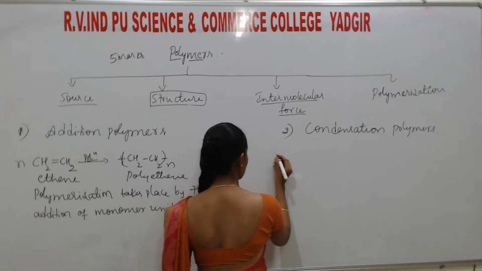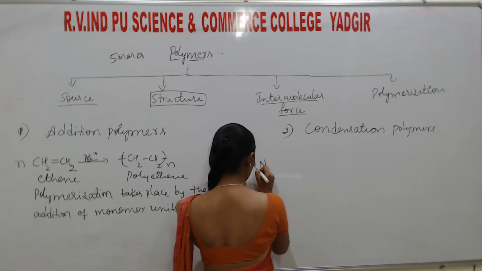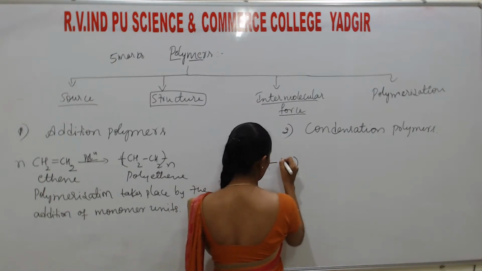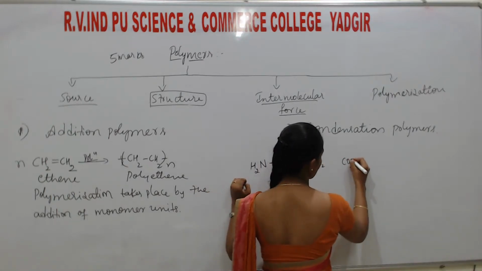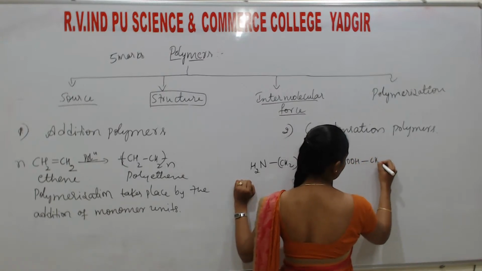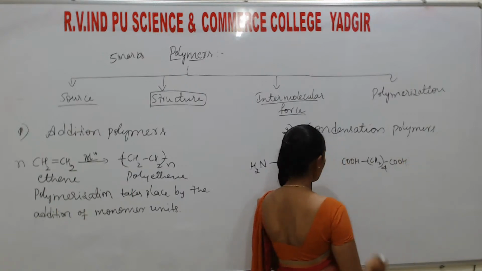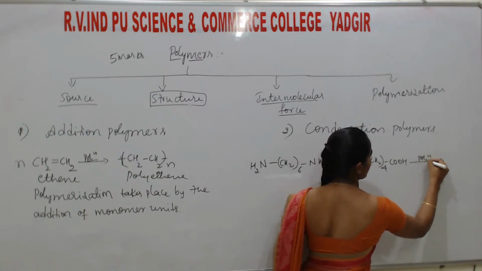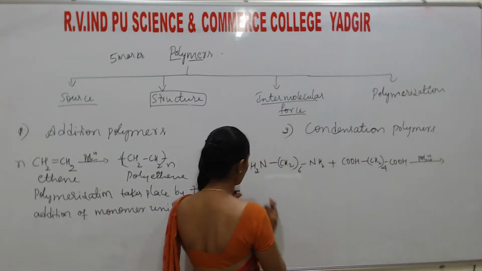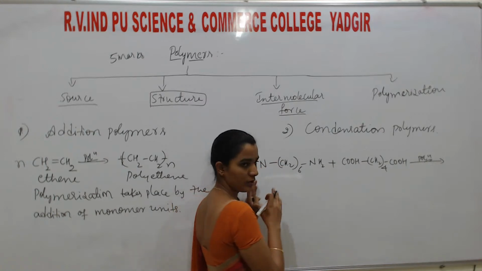Next, what is condensation? Here I'll take hexamethylene diamine, NH2 (CH2)6 NH2, with this. Understand, students? So what happens here? Polymerization takes place. Here, NH and H, NH2 I wrote like this.